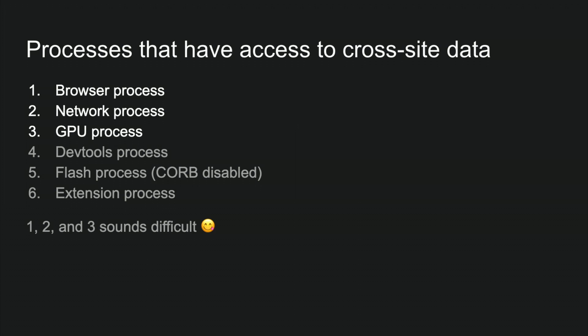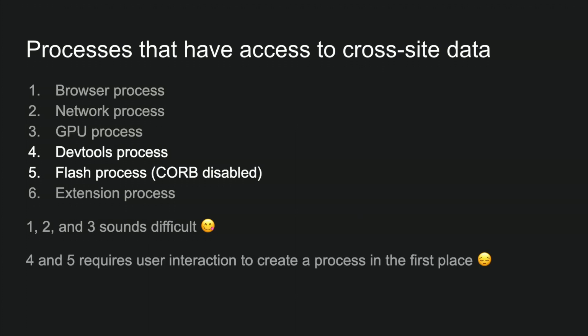GPU process is low IL, so it's still sandboxed, but it's kind of EOP already. It's worse than a site isolation bypass. DevTools process and Flash process need user interaction, because for DevTools you need to press F12, right? Kind of, because the user has to press. You can't open DevTools yourself. For Flash, they need to accept Flash, right?